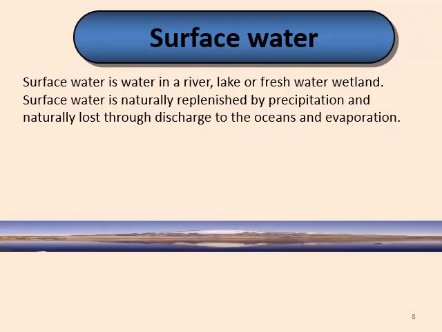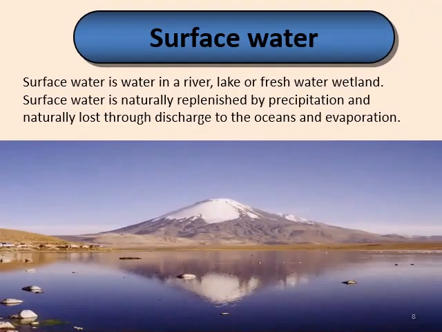So surface water is the water in a river, lake, pond or freshwater wetland. It is naturally replenished by precipitation, or you can name it as rainfall, and naturally lost through discharge to the ocean, seas, and also by evaporation process.